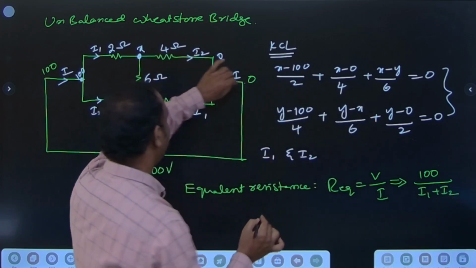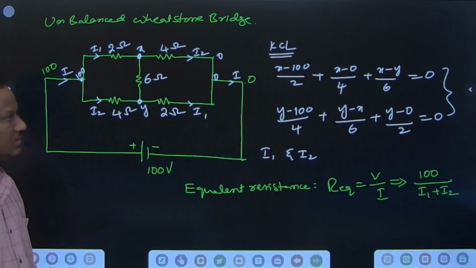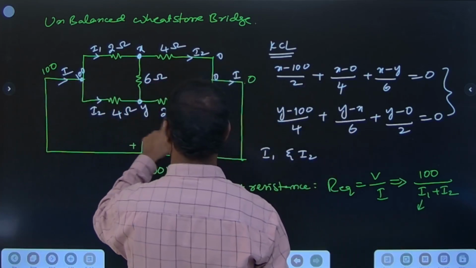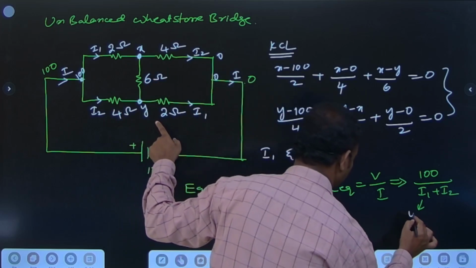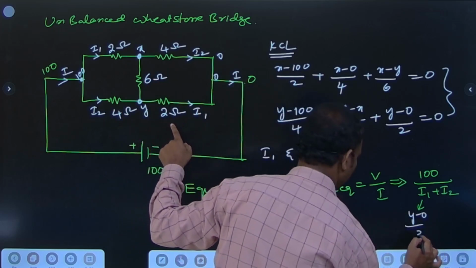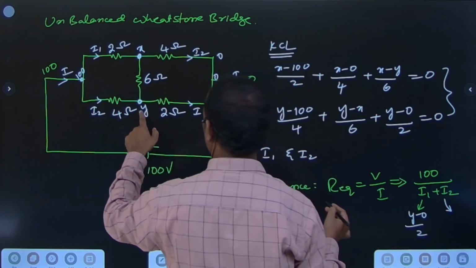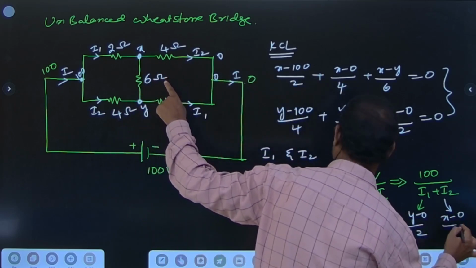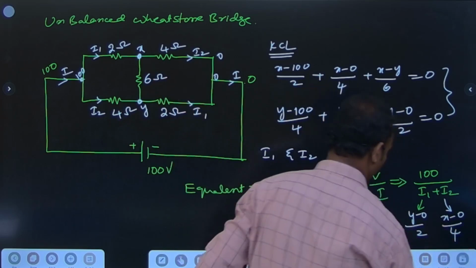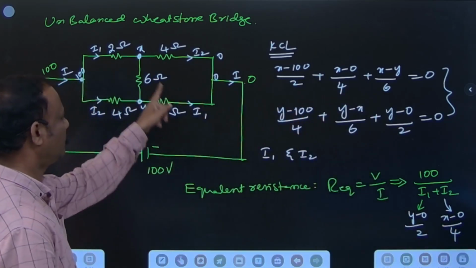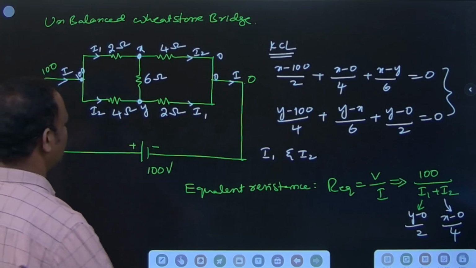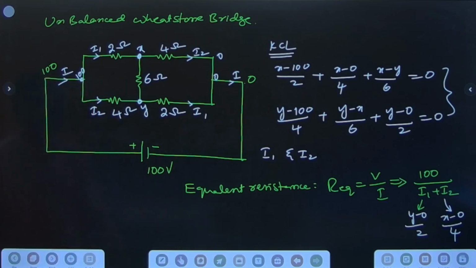I1 is Y minus 0 by 2, and I2 is X minus 0 by 4. This is the way to use the KCL equations: for an unbalanced Wheatstone bridge, we can use the KCL equations.